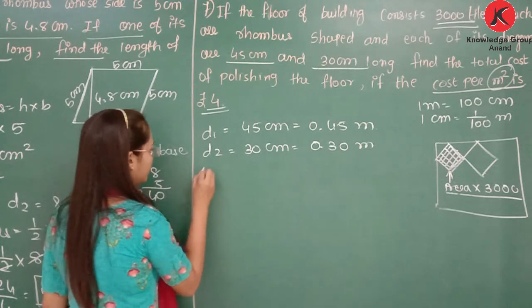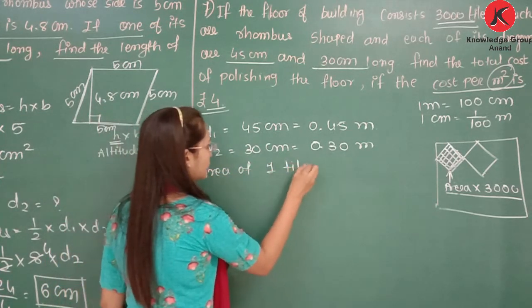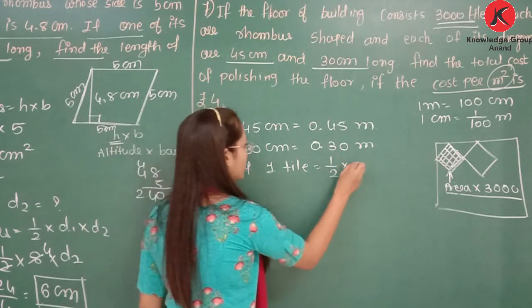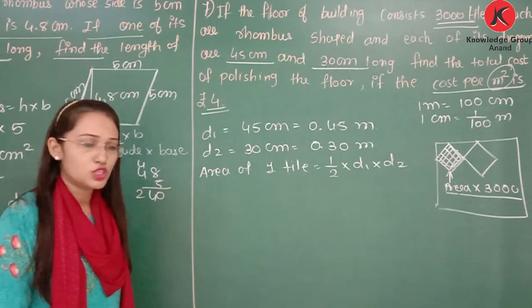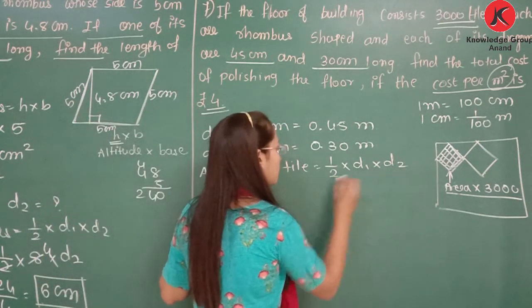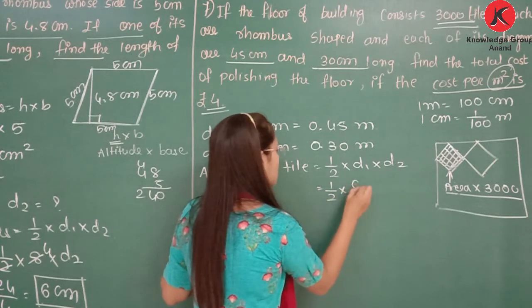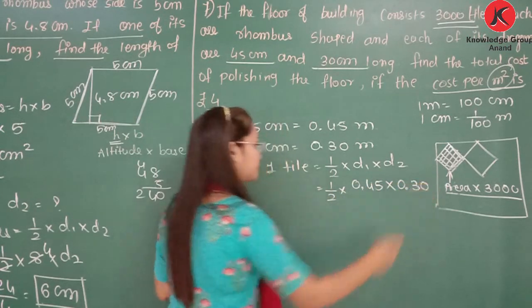So here area of one tile, that is what? 1 by 2 d1 into d2. Why? Because it is rhombus in shape, and area of rhombus is 1 by 2 d1 into d2. So that is 0.45 multiplied by 0.30.